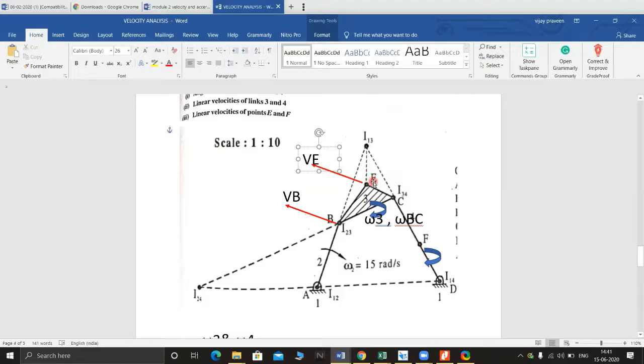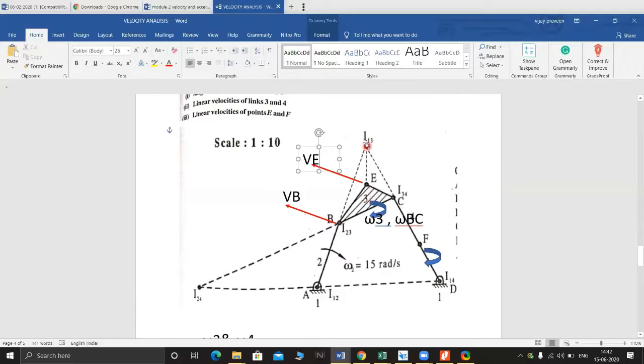There are two ways again. What can we call VE? VE is equal to omega 3 into, what is the perpendicular distance with respect to E from the instantaneous center?